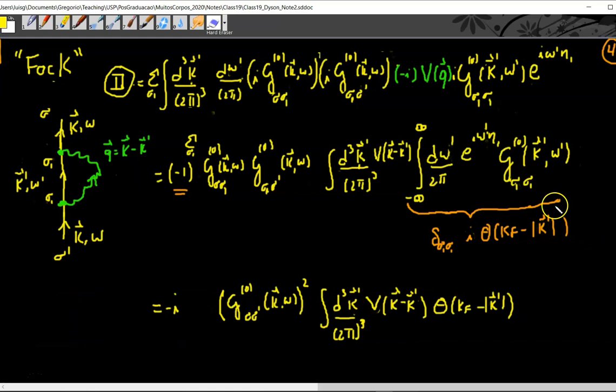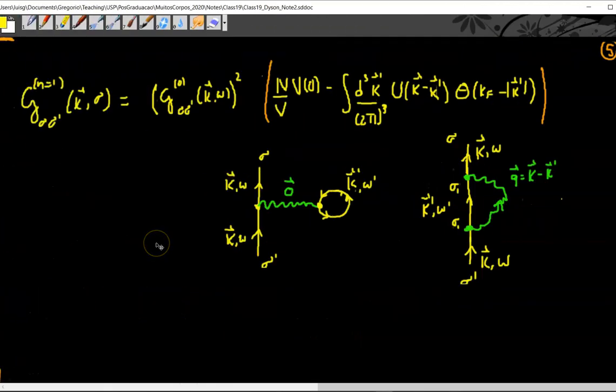So let's see what we have and how we can discuss the difference between these two. Putting everything together, there was the contribution from the Hartree diagram right here. There's an I here, I cancel with the I here. There's a minus I here, I cancel this I with this, so we have the correct signs, and there's this G sigma prime squared that comes from these propagators.